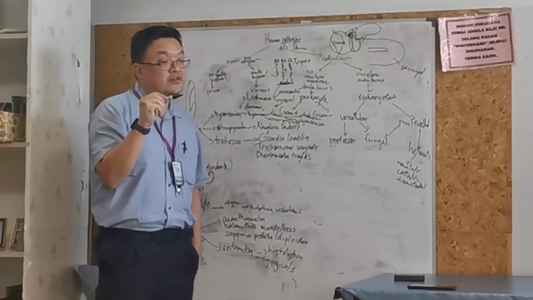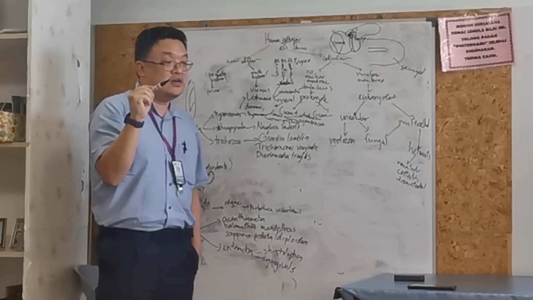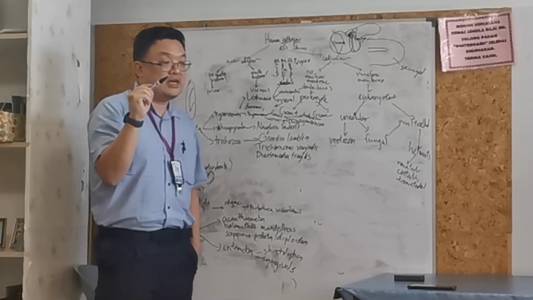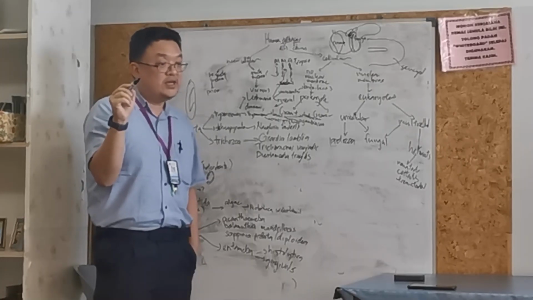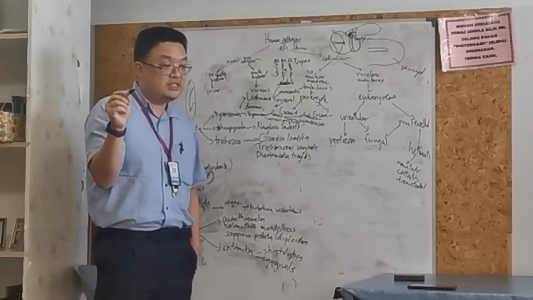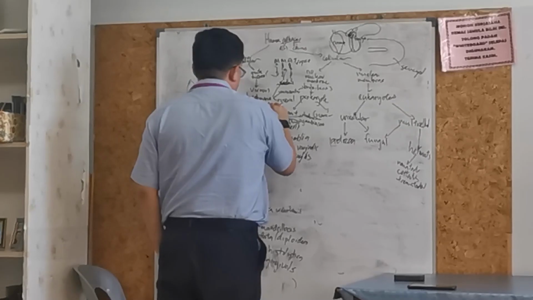Chlamydia causes lymphogranuloma venereum, LGV. Klebsiella granulomatis causes granuloma inguinale, otherwise known as Donovanosis. So it's a bacterial cause. But don't forget infantum.